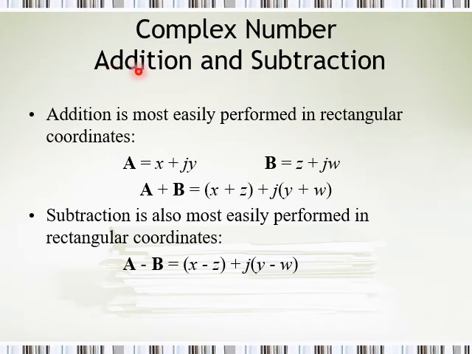Complex number addition and subtraction. Normally, we will say that addition is most easily performed in rectangular coordinates, and also subtraction. So subtraction and addition are easily performed using rectangular format.